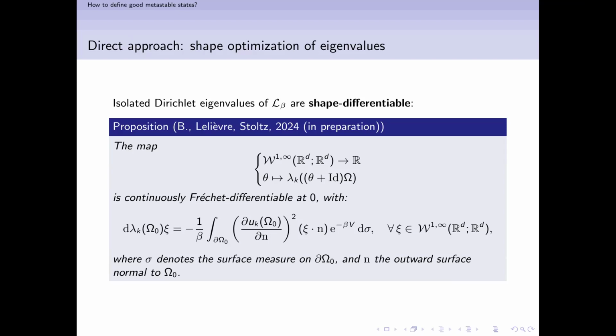Unpacking this a little, it's a boundary integral, which has a term which depends on the corresponding eigenfunction, and then the normal component of the perturbation direction. That makes sense, right? If you take a perturbation which is tangent to the boundary, what you're doing is just twisting the boundary on itself.